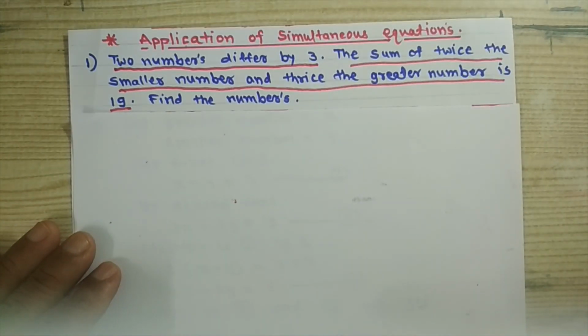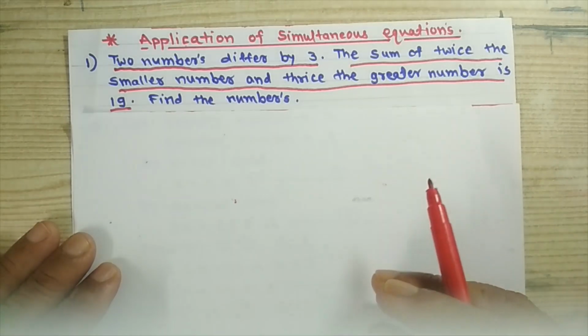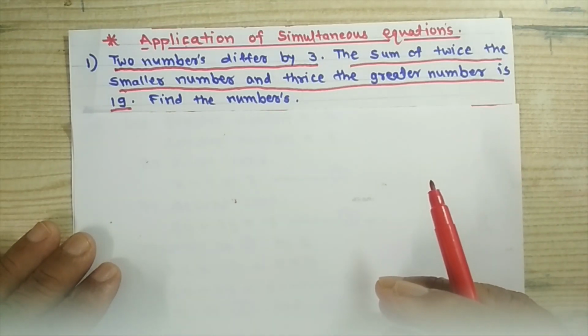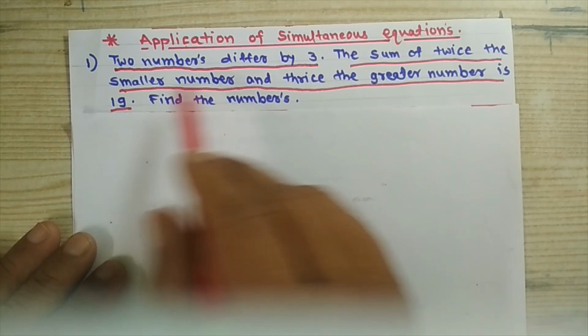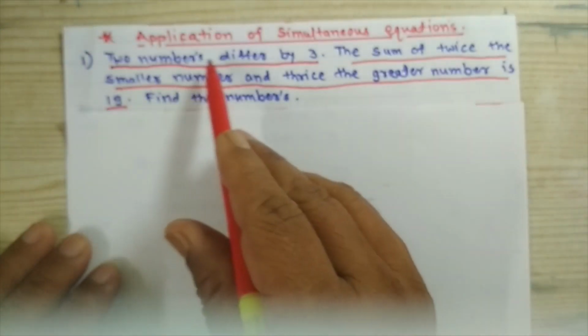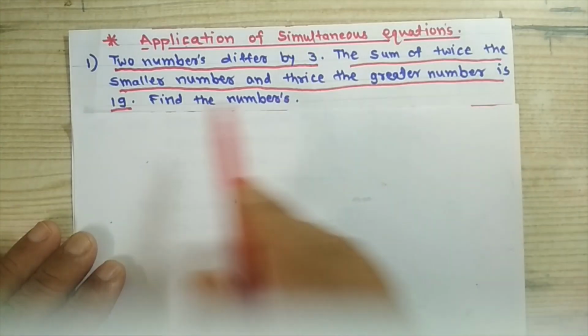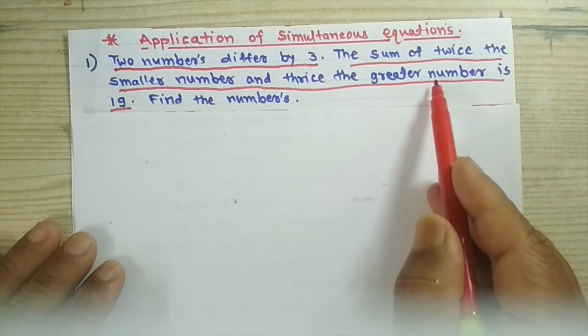With these conditions, we have to convert these word problems into mathematical form, that is, into simultaneous equations. In this case, we observe there are two numbers differing by 3: a smaller number and a greater number.